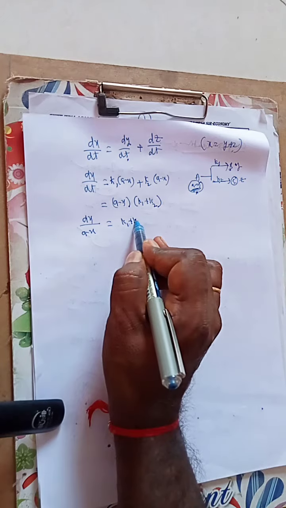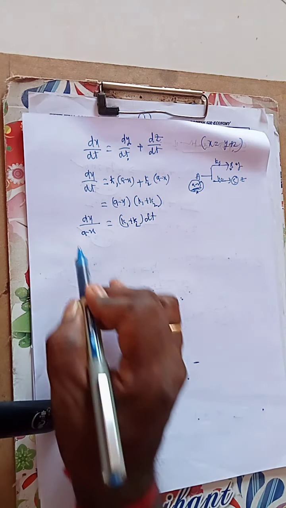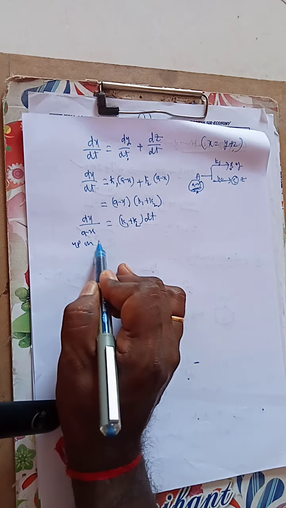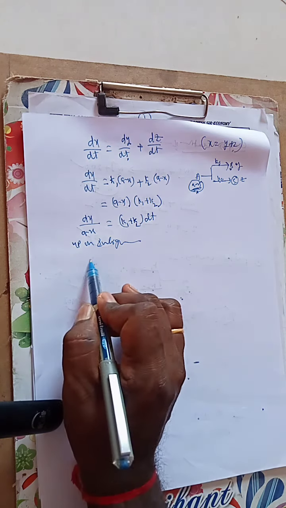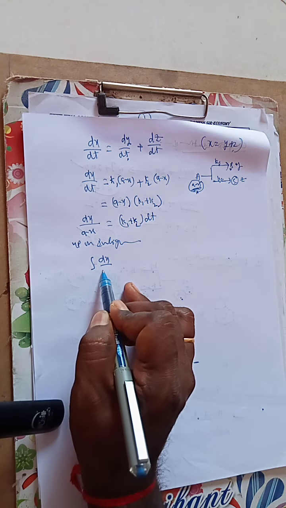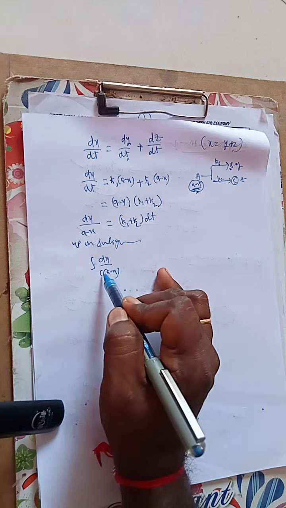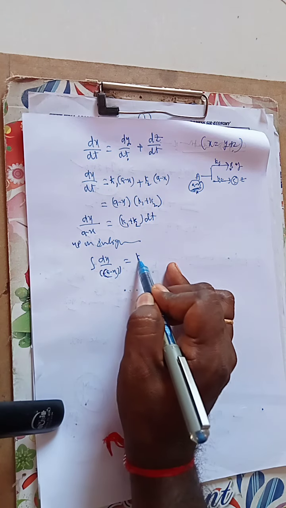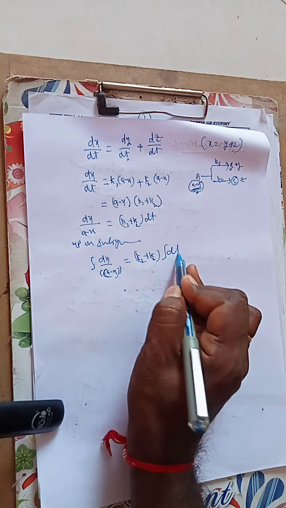After that, we write the dx by (A minus x) term on the left side, equal to (k1 plus k2) dt. Upon integration, what's happened? Integration of dx by A minus x is equal to k1 plus k2 times integration of dt.